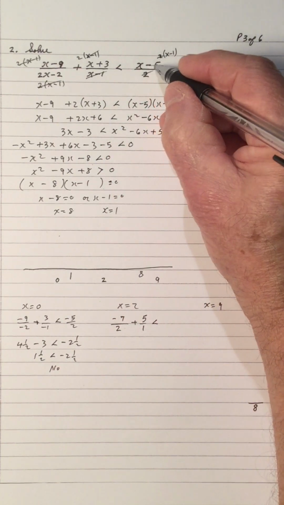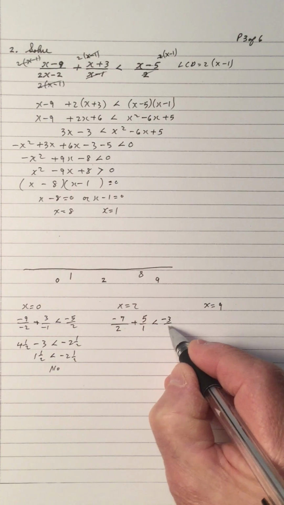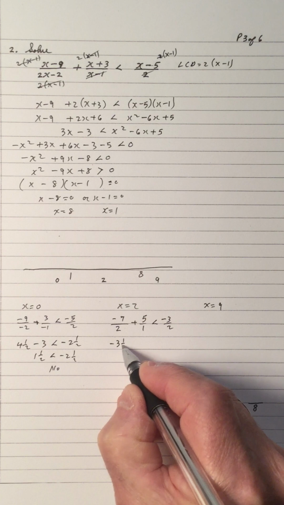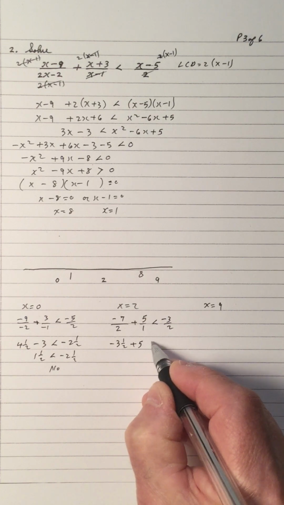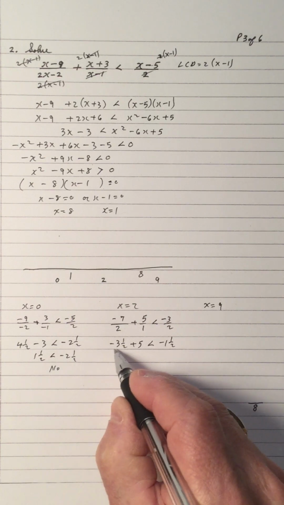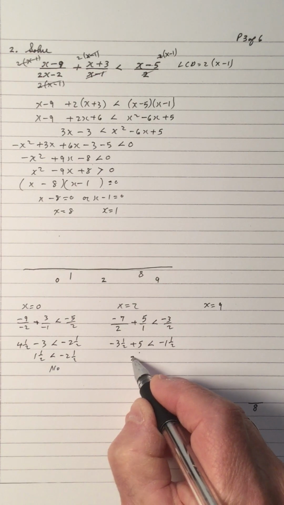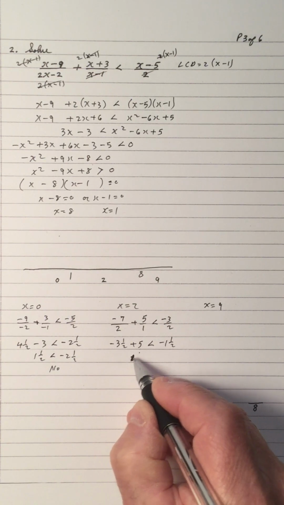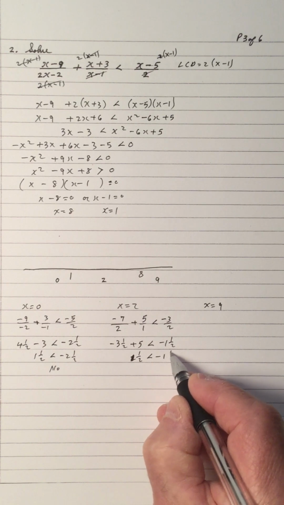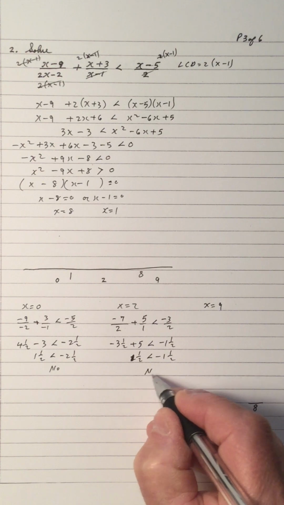Less than, put a 2 here, we get negative 3 over 2. So I sub the 2 in, so that's negative 3.5. Add on 5, less than negative 1.5. So that's 2, oops, almost added wrong. 1.5 is less than negative 1.5. Nope, so that's not true.